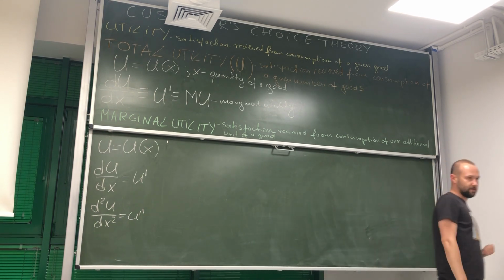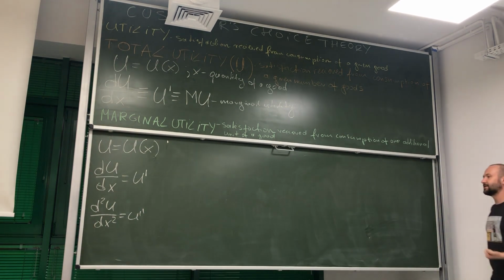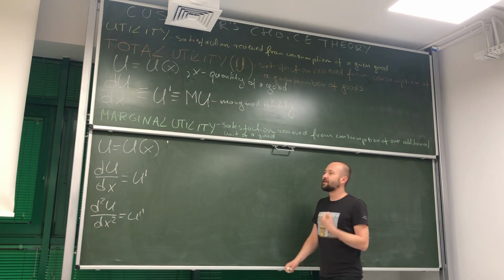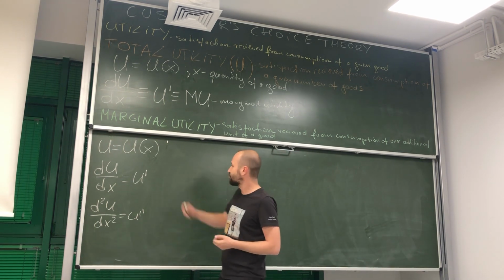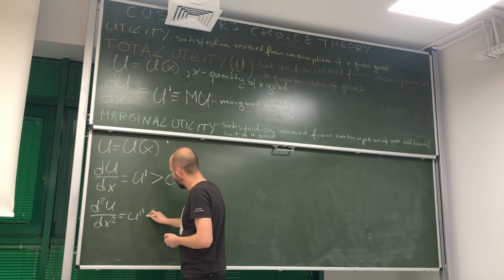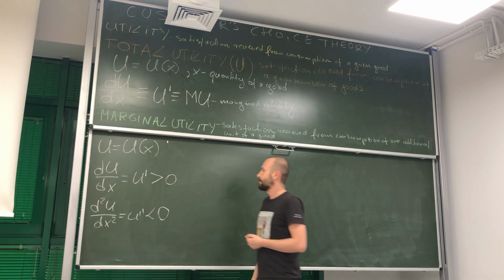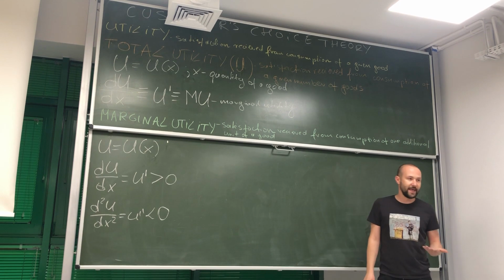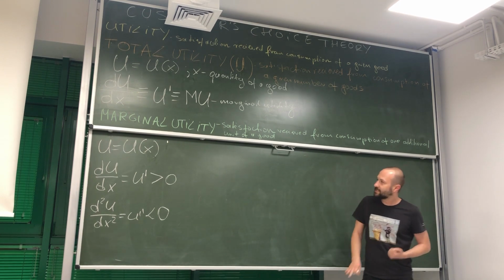As it turns out, economists established that the pattern of derivatives that describes it best is first derivative is positive and second derivative is negative. Look, what does it mean?